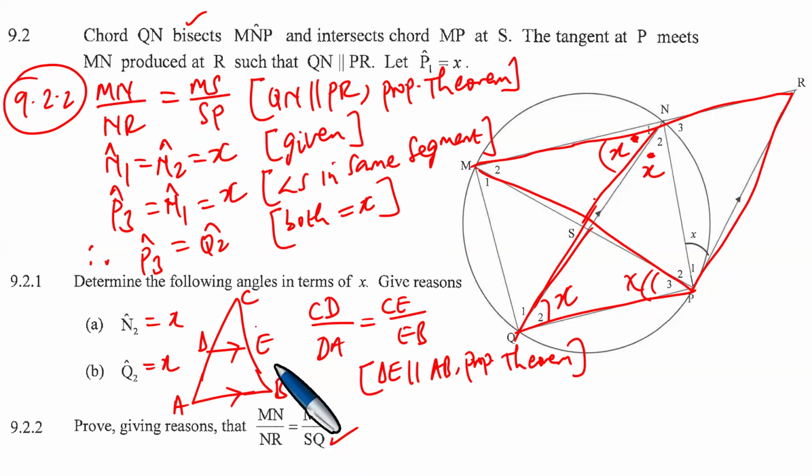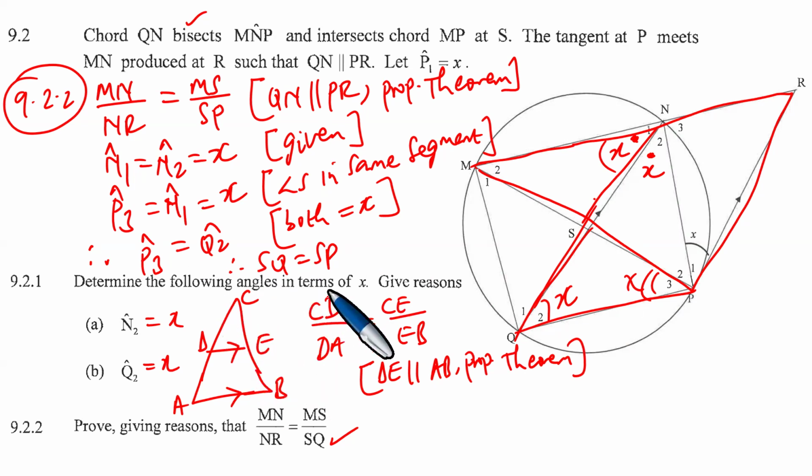We just have to deal with the SP and the SQ here. That's all. Okay. And then we come here to say, Mr. Examiner, therefore, from the fact that this is equal to this, it means that this side is equal to this side. And therefore, it means that SQ is equal to SP.